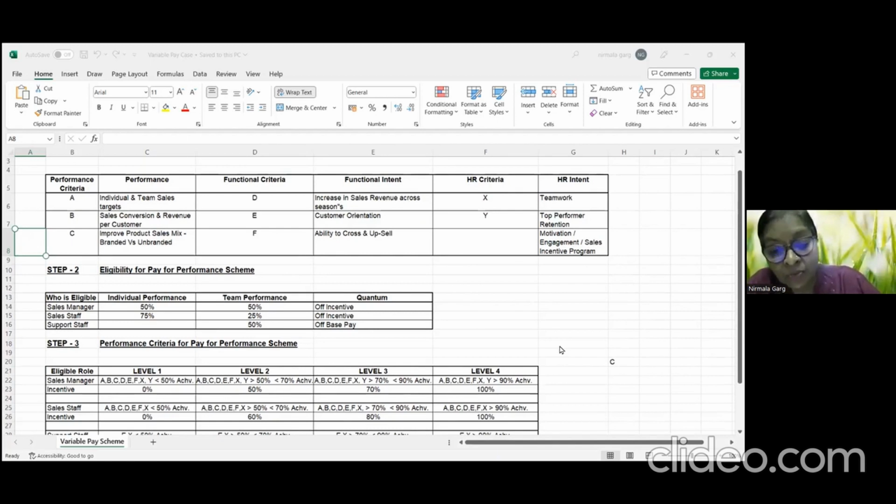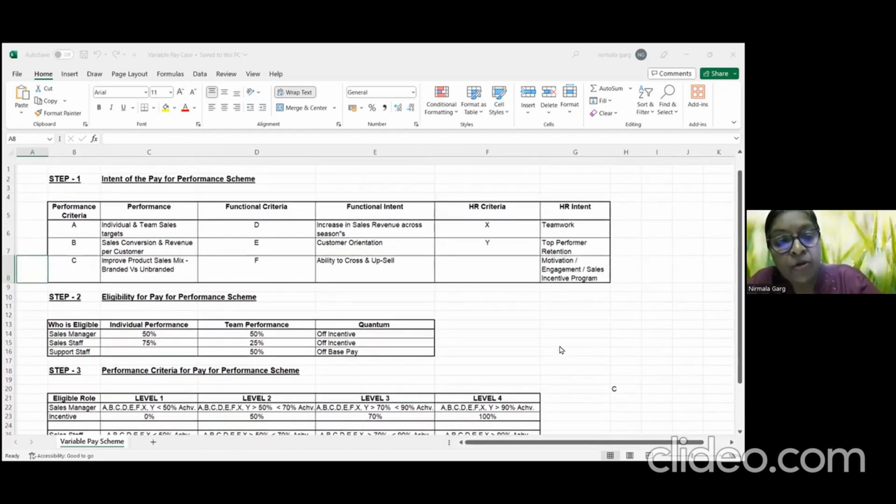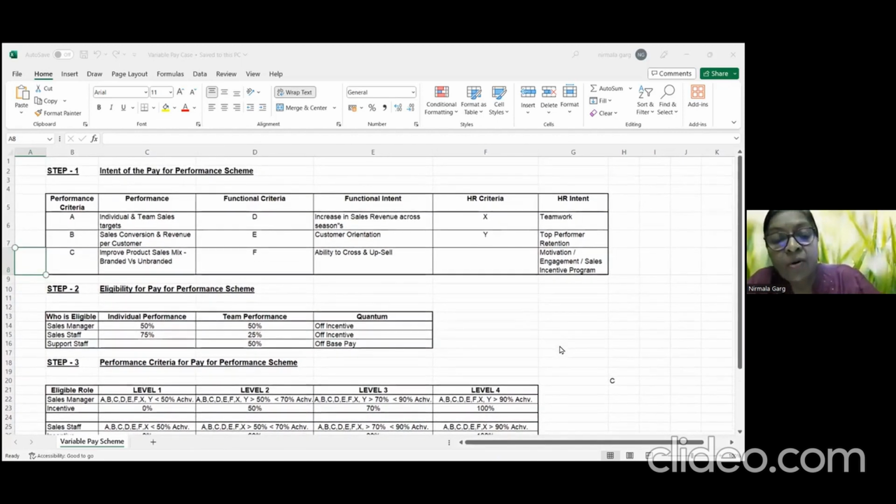So look at those positions in the exercise which I gave you, and write down the percentage of variable pay you want to give. And in step 1, you are clearly writing the functional intent, and give them an A or a B or a C, and HR intent.